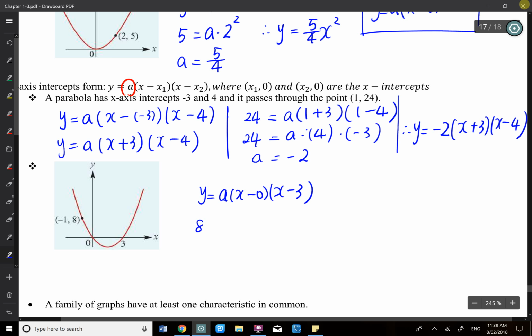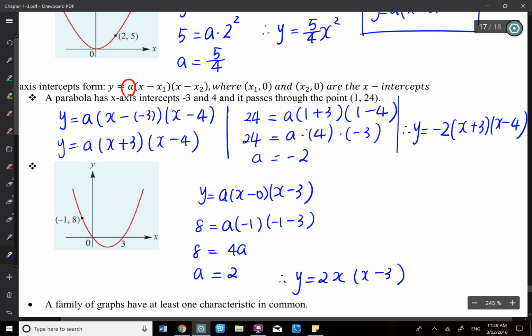So we have 8 equals a(-1)(-1 - 3). So 8, that's minus 1 times minus 4, so it's 4a. a equals 2. So y equals 2x(x - 3). So it's a single factor x.